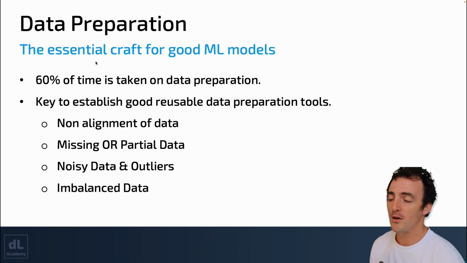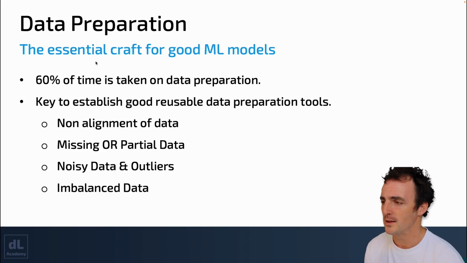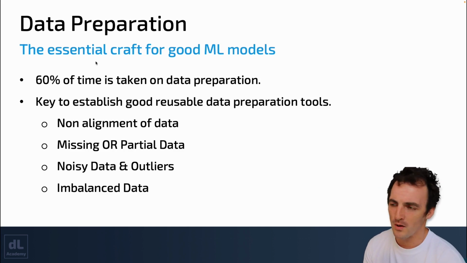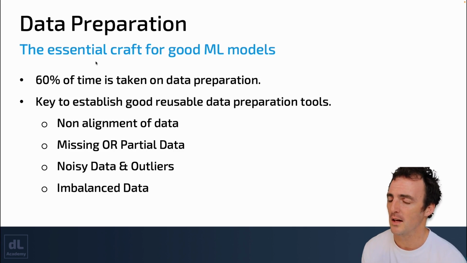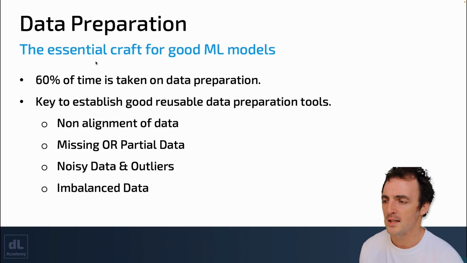We're going to go through in more detail a number of things that might come up at this stage. It's not an exhaustive list, but it's ones that we look at quite a lot. Non-alignment of data, particularly true for time series data, IoT sensors, Internet of Things sensor data that gets polled at different times. It's really common that it's not all aligned.